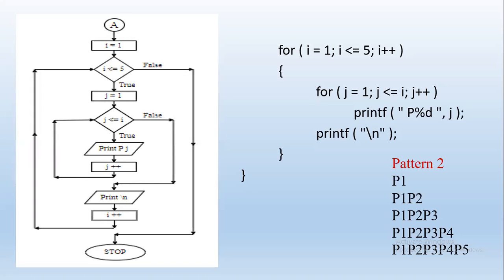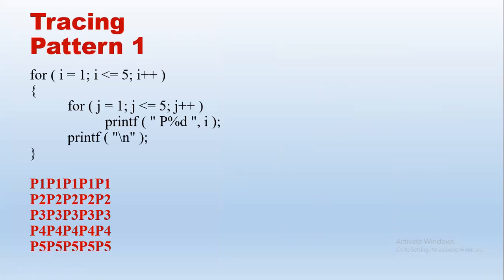So here we have the tracing first for pattern 1. First thing is we have the logic, the main logic, the nested loop, and then we have the pattern displayed. So if we analyze this, what do we see? There are 5 values in the first row, P1.